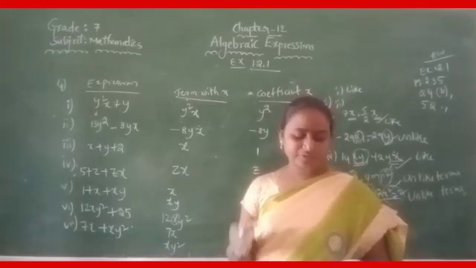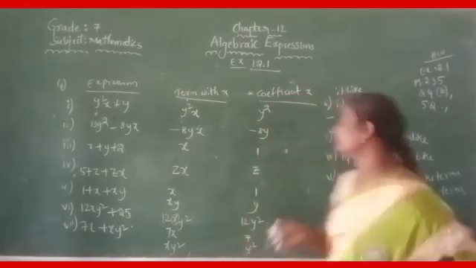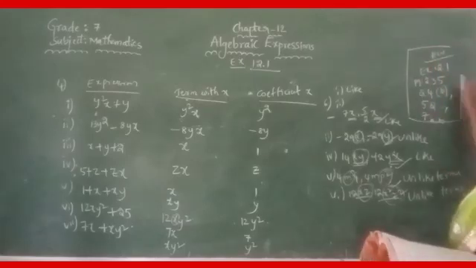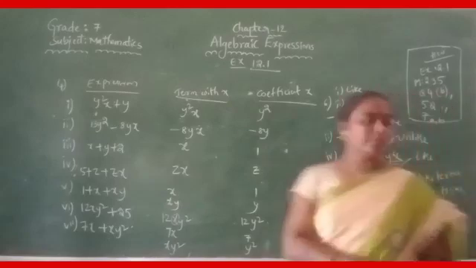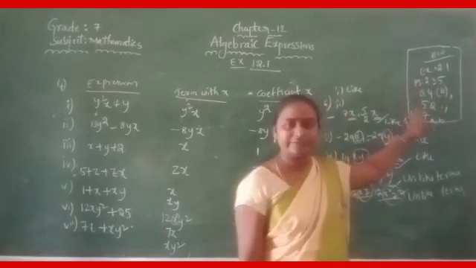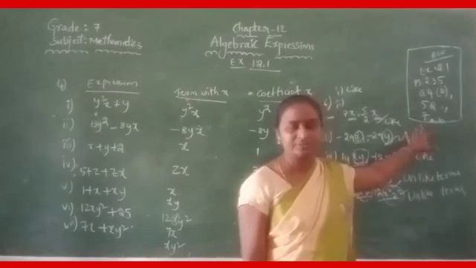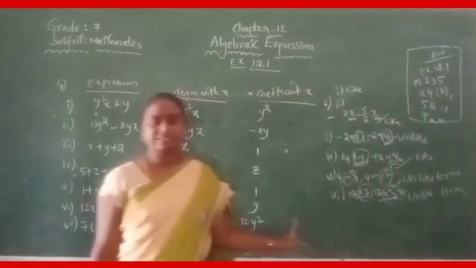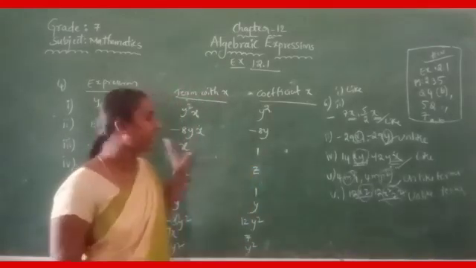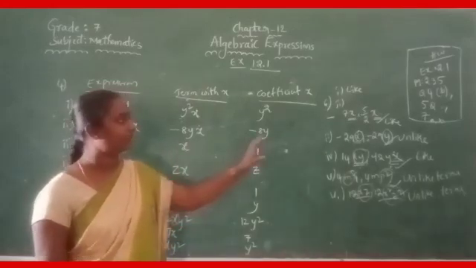So you have to find which are like terms and which are unlike terms in questions A and B. So today's homework is exercise 12.1, fourth question B problem, the coefficient of y square, and the fifth and seventh questions, total A and B problems, on page number 235. These are all homework problems. First understand the classwork, then you can solve the problems directly and easily.